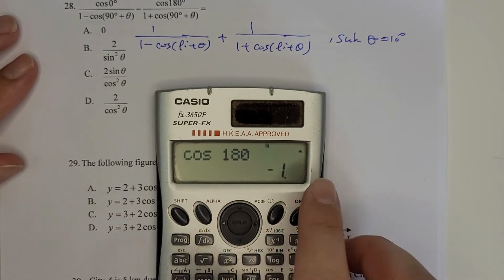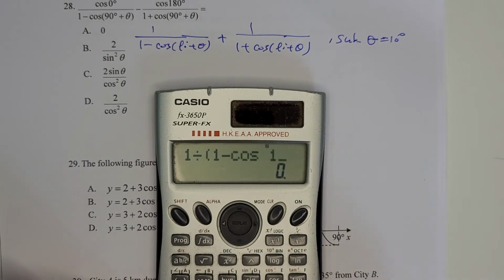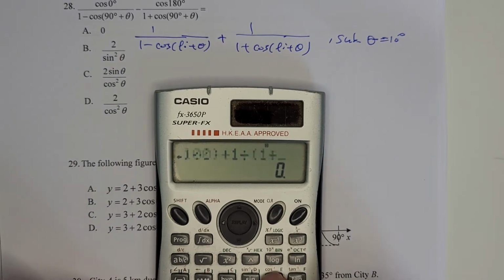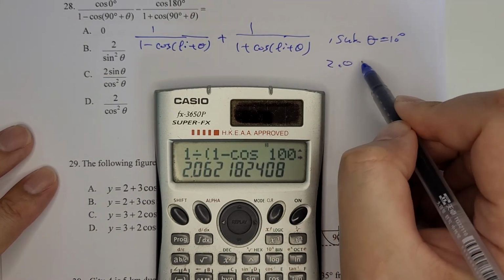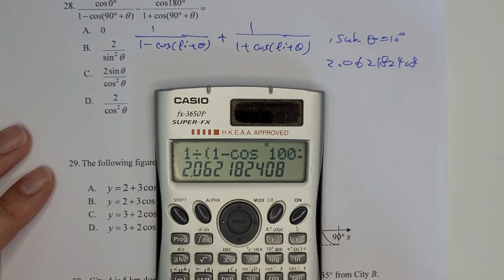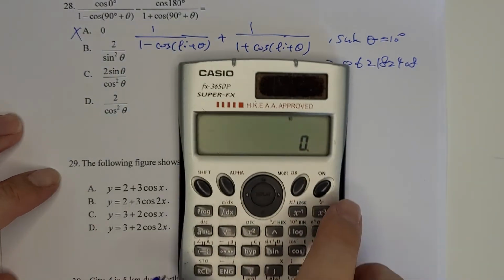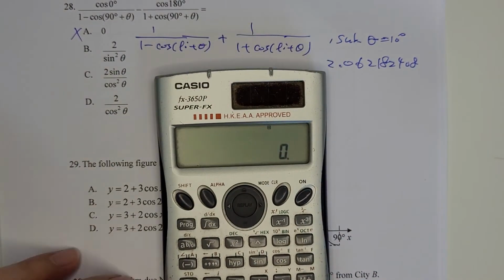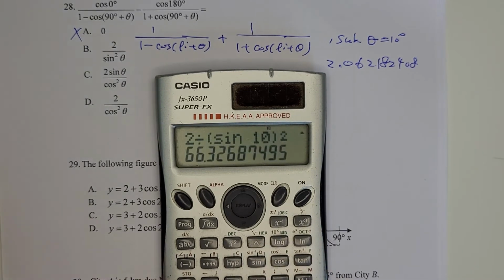Okay? 1 divided by 1 minus cosine 100 degree plus 1 over 1 plus cosine 100 degree. Okay? Enter. That's 2.062182408. Okay? So A is not the answer. How about B? 2 divided by sine 10 bracket square, 66 point something.